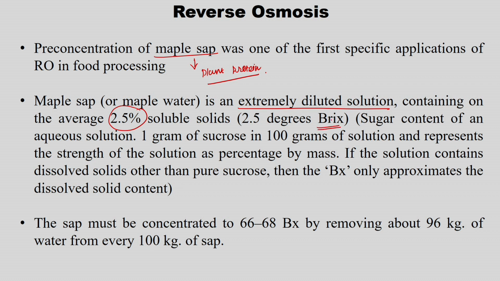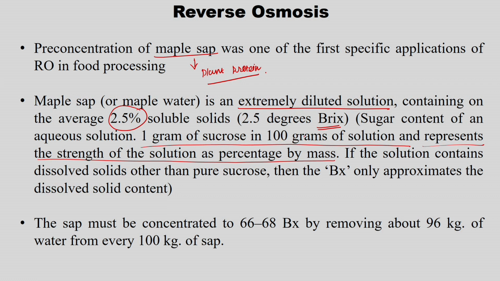This is a unit, right. The sugar content of an aqueous solution: 1 gram of sucrose in 100 grams of solution, and it represents the strength of the solution as a percentage by mass. So, 2.5% soluble solids, I can express in terms of 2.5 degrees Brix.